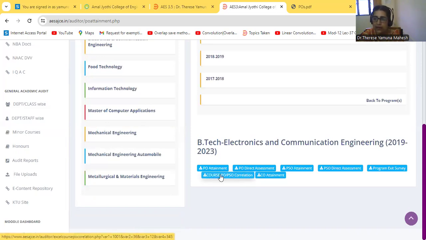So this mapping is very important. It is based on this mapping that we get the maximum value of attainment, and this also provides the basis for the PO direct assessment and PSO direct assessment calculations. So now we'll see all these tabs one by one. We'll start with CO attainment tab.